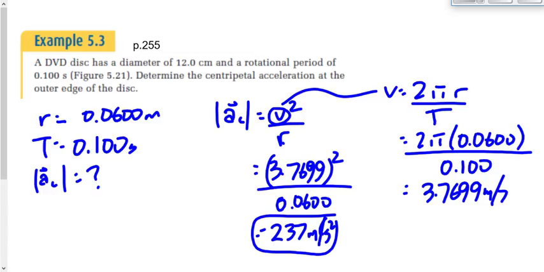Yeah, it's 9.81, right? 237 divided by 9.81 is about 24, give or take a little bit, which means 24 Gs. There's a couple ways of finding the number of Gs. You're going to have to do that a number of times for your field trip assignment, actually. One way, depending upon context, is to divide the centripetal acceleration by 9.81. Another way we'll see probably tomorrow.